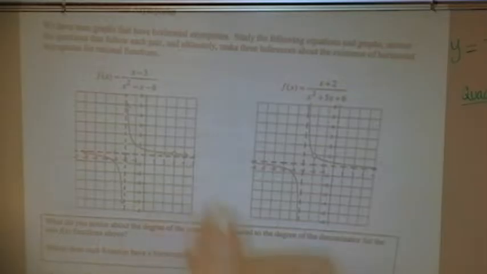So I'm going to say the degree of the numerator is less than the degree of the denominator, and the horizontal asymptote is at the axis, which has the equation y equals 0.